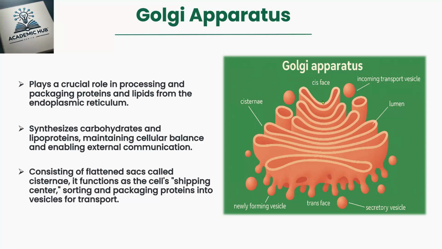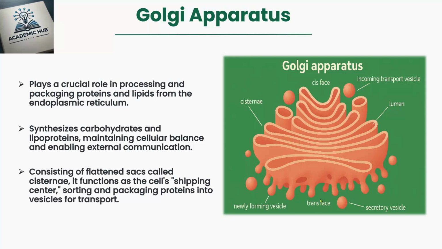The cis-face receives the newly synthesized proteins and lipids from the rough endoplasmic reticulum. So the cis-face is also known as the receiving site, while the trans-face, this lower side, as the name indicates, trans means transportation or shipping occurs.